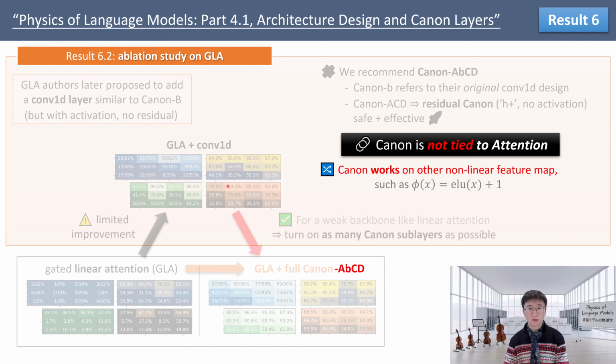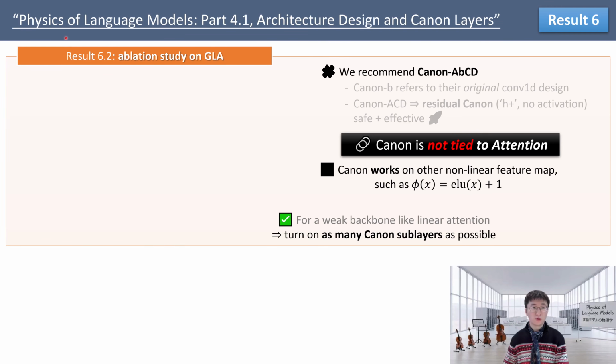The final small result is that we also tested Canon layers on top of other nonlinear feature maps, like one of the popular choices in the old days, the ELU+1 activation. Canon also works there. Overall, we did this ablative study on top of GLA to show that you want to add as many Canon layers as possible, and we recommend this configuration of Canon A little b CD.